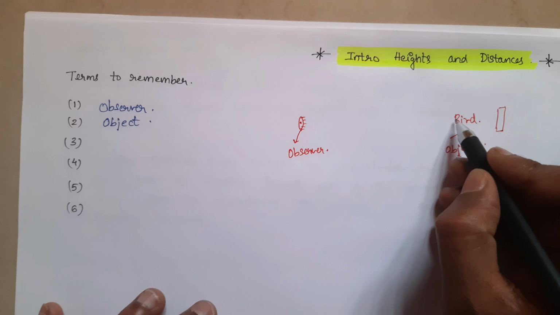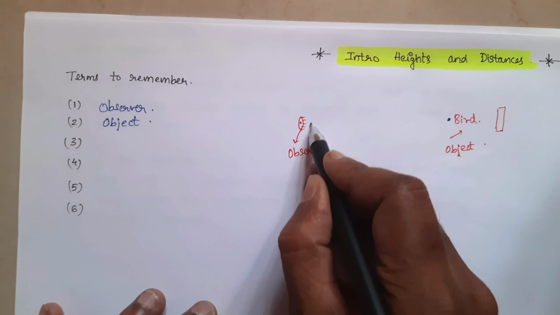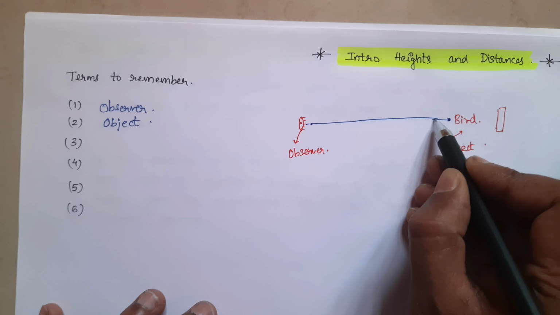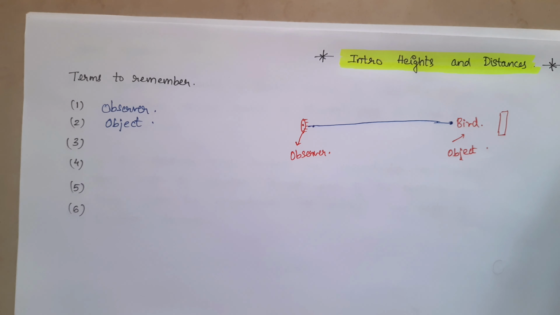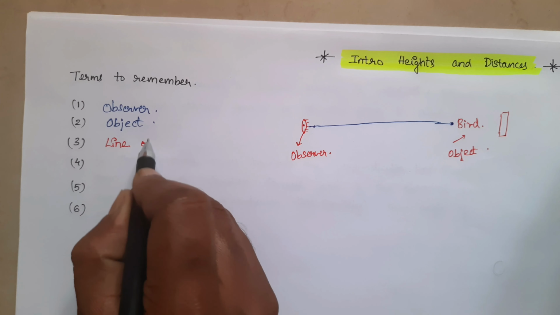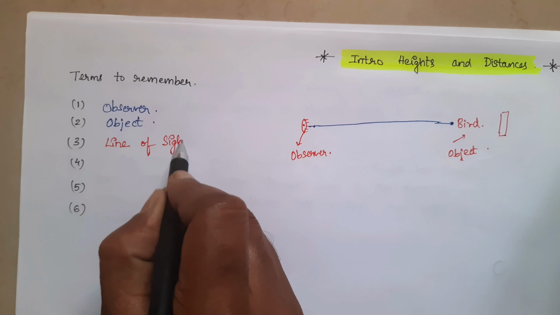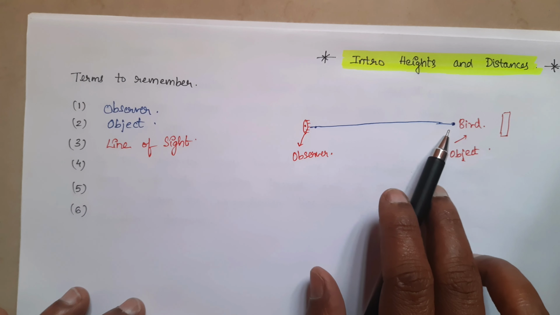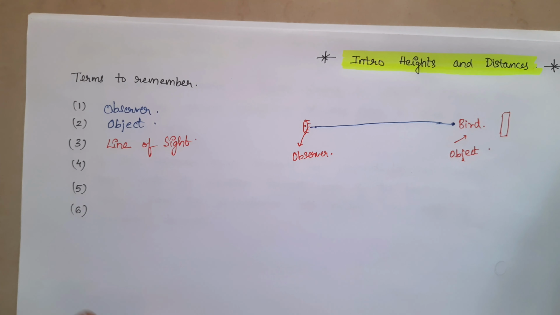And the distance between the observer and the bird we consider as the line of sight. I will give you another example to understand this.